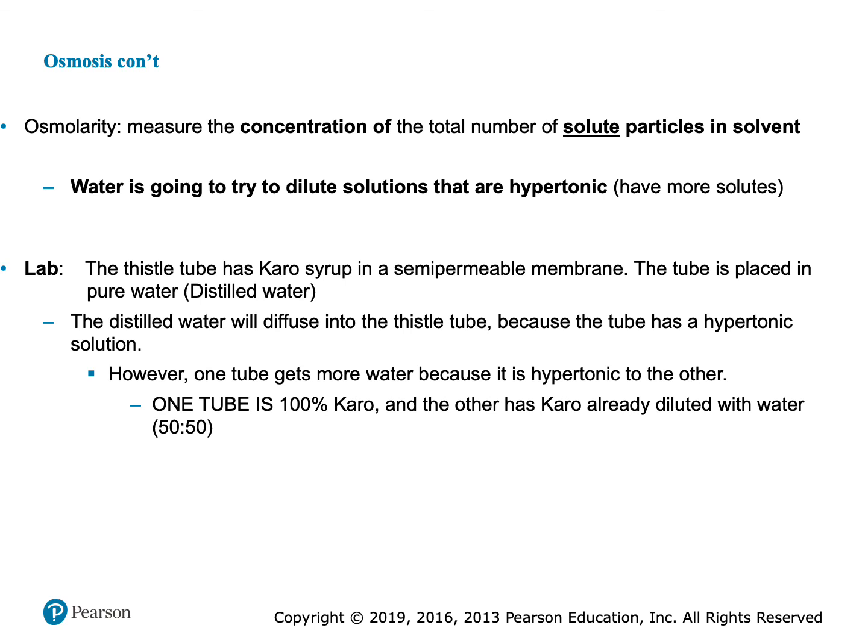So that 10% solution has more solutes, which is called a hypertonic solution relative to the 5%. It had more solutes, so that 10% sodium chloride was hypertonic to the 5% solution.